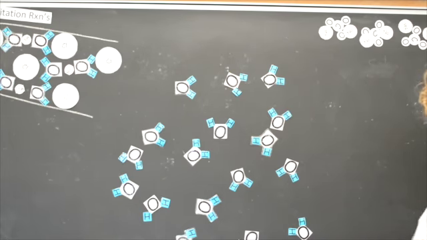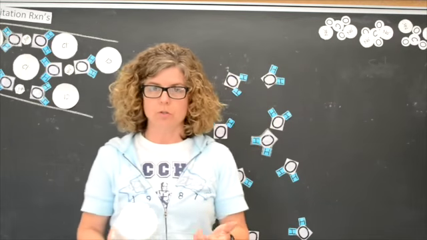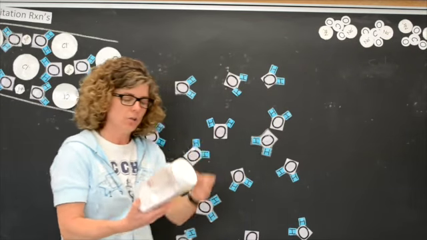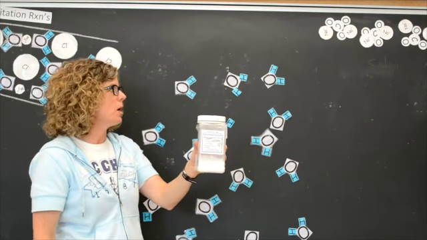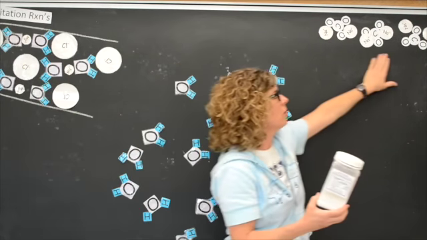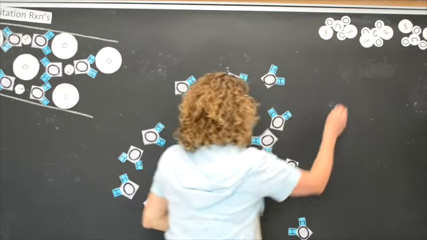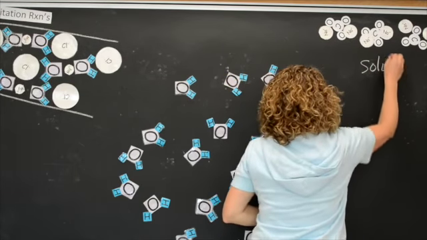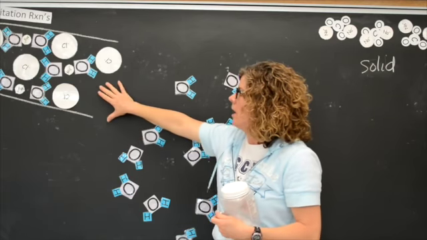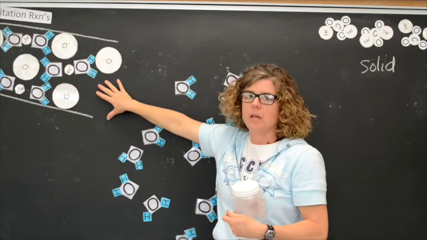Okay guys, let's look at another situation. I'm going to show two different things here. You're very familiar with sodium carbonate. This representation up here is of solid sodium carbonate, and over here I have a liquid magnesium chloride.